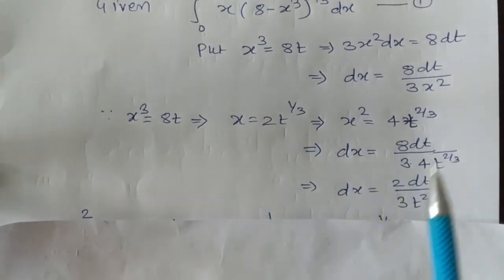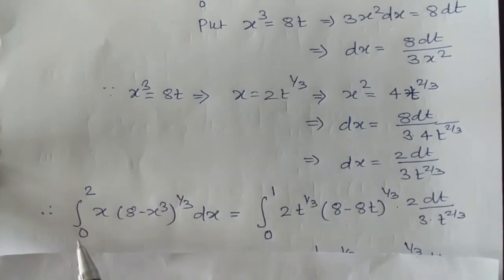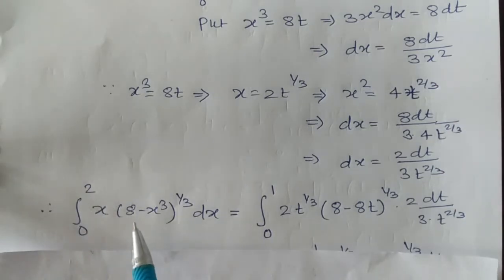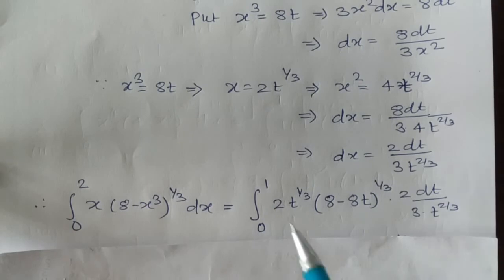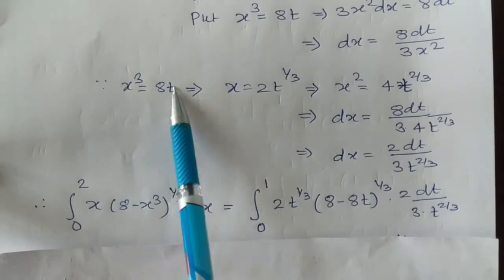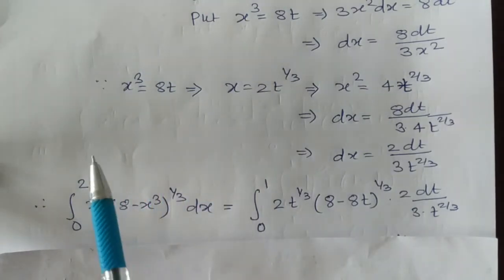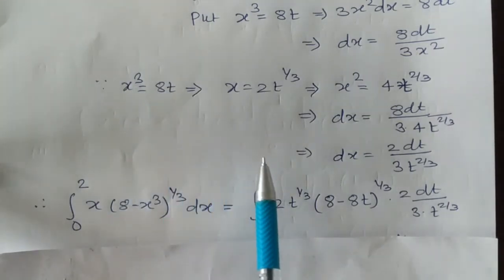Now using these substitutions in the given integral, we get the integral from 0 to 2 of x into (8 minus x cube) whole power 1/3 dx is equal to the integral from 0 to 1, because the lower limit of x is 0, which gives the lower limit of t as 0, and the upper limit of x is 2, so 2 cube is 8, and 8 by 8 cancels, we get the upper limit of t as 1.